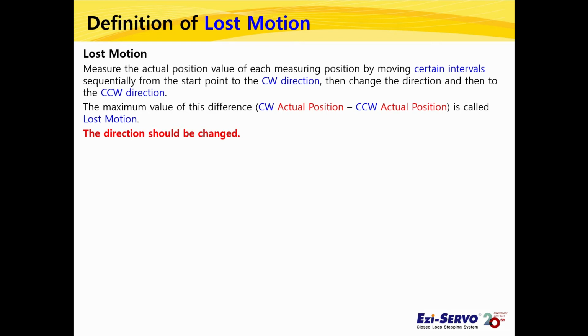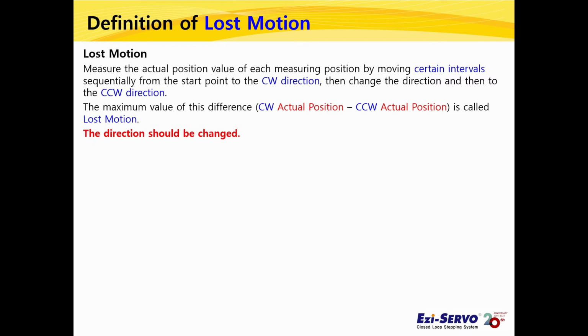Then, reverse the direction to counterclockwise, and measure the actual position value in the same way, and then return to the reference point. The maximum difference between the actual position values of each positioning point, measured in both directions, is called lost motion. The important point here is that the direction must be changed to measure the lost motion.